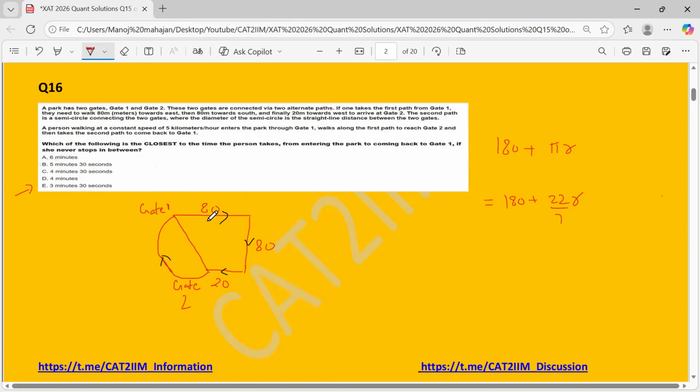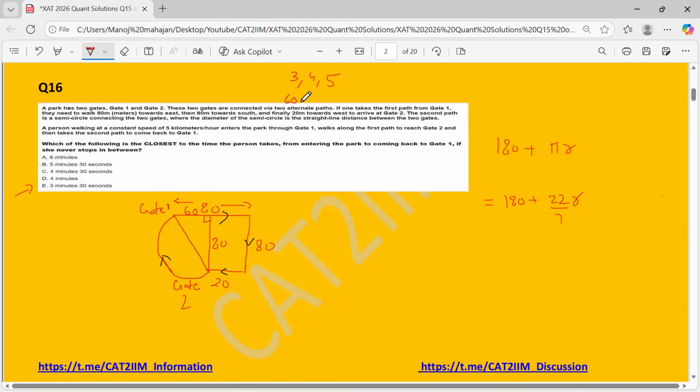You could have done this with the basic right angle concept. Let's say I draw this line perpendicular. If this entire side is 80 and this is 20, this would be 60. And if this is 80, this will also be 80. So you can use the triplet 3, 4, 5, or use Pythagoras, 60 square plus 80 square, and take the square root.